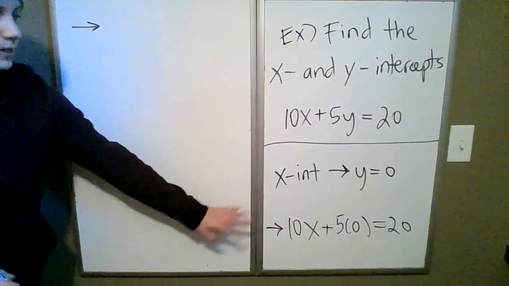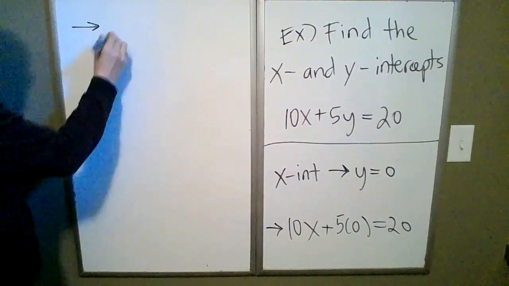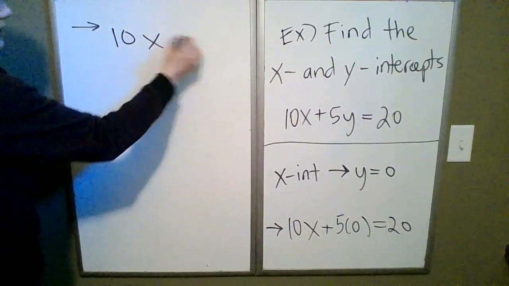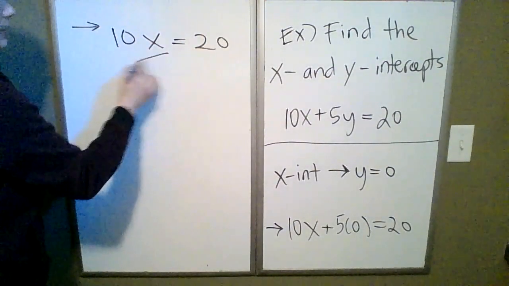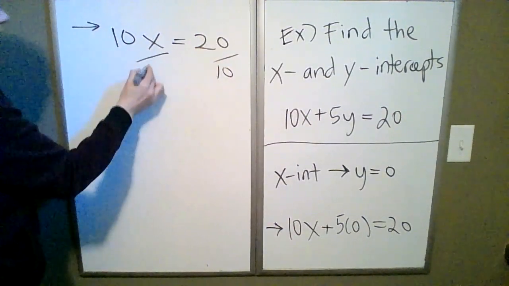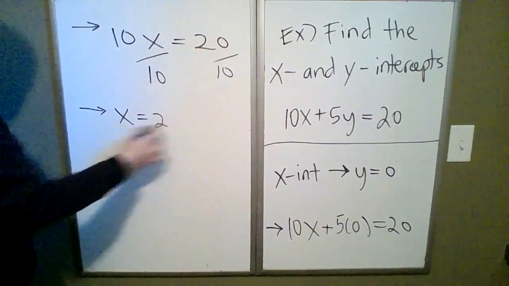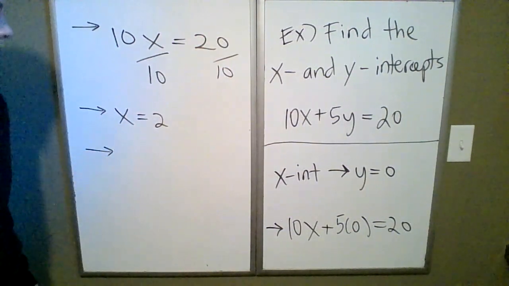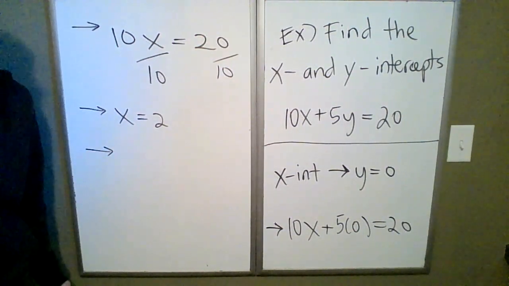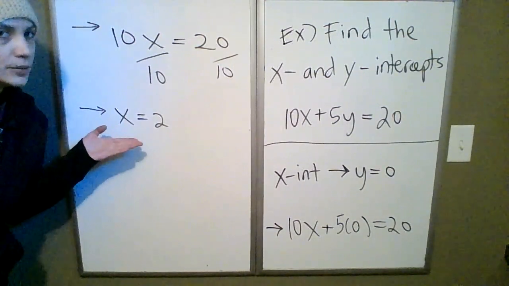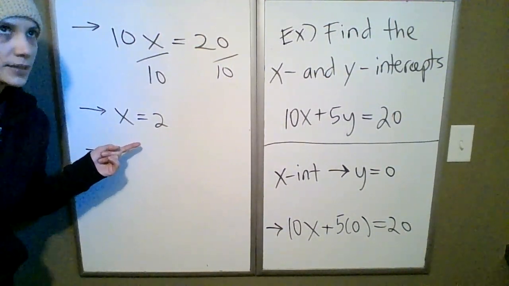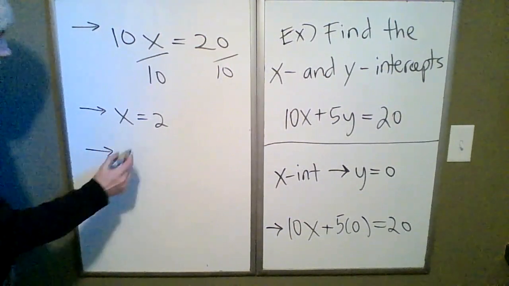Okay, then 5 times 0 is 0, so what's left is 10x equal to 20. Divide each side by 10, and x is equal to 2. So you could either put x equals 2, or you can write the point 2, 0.